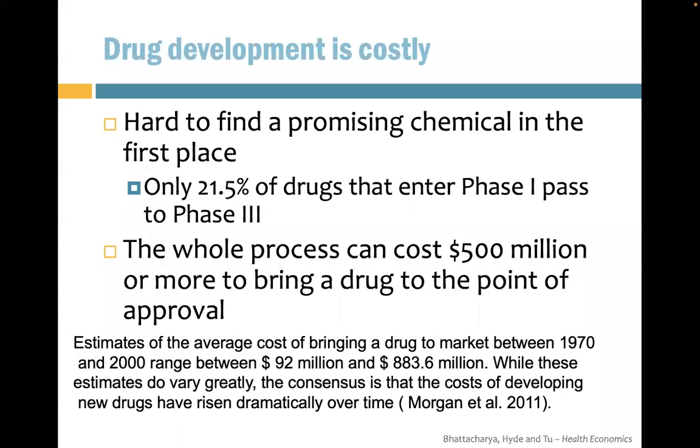In this 2011 paper, it estimates the average cost of bringing a drug to market between 1970 and 2000 ranges between 92 million and 800 million. And while these estimates do vary greatly, the consensus is that the cost of developing new drugs has risen dramatically over time, because it is harder and harder to make technological innovations when all the easier innovations are already done.